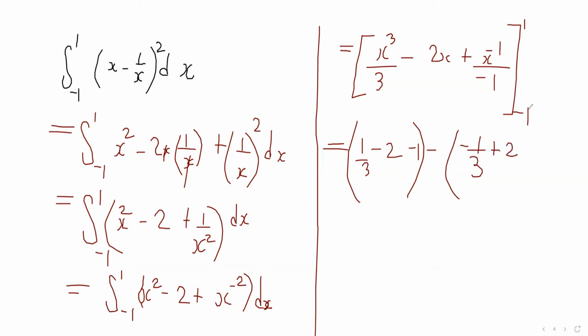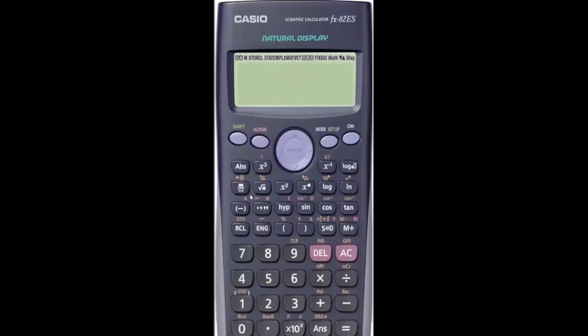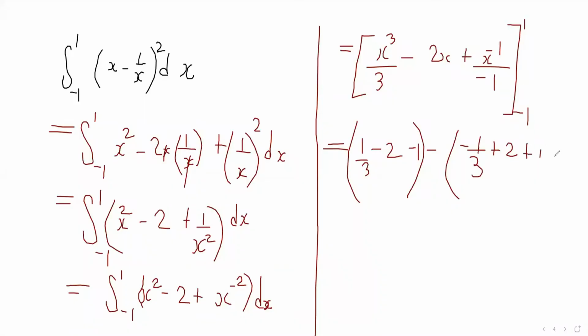Then when you put -1 here, -1 to the -1, just to be safe, I'm putting it in my calculator. That's -1, and then I divide it by -1, so I'm going to get +1. So that will equal 1 over 3 minus 1 over 3 minus 1 over 3, which becomes 2 over 3.